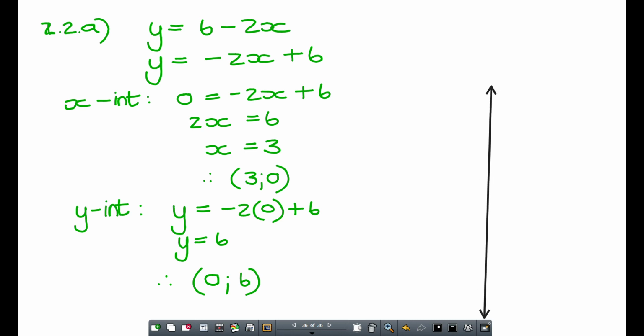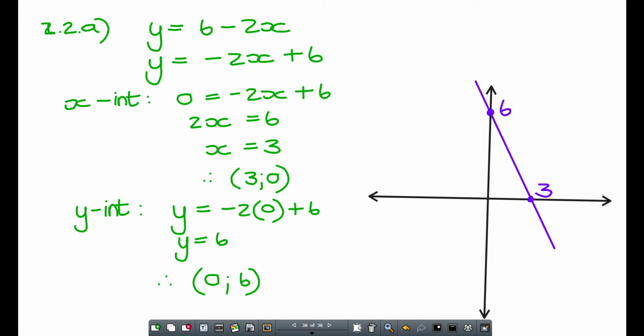Okay, so if I were to draw this line, it is going to be like that. It cuts through the x-axis at 3 and it cuts through the y-axis at 6.